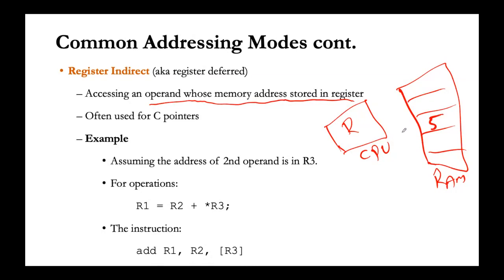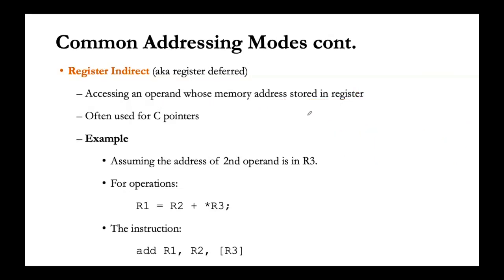Whatever the address is for that RAM location, that address is stored in this register. When it refers to the address, it goes to that address location and fetches the operand. The register does not contain the operand directly; it contains the address of the operand. It is often used in the high level language C, where C pointers are used.